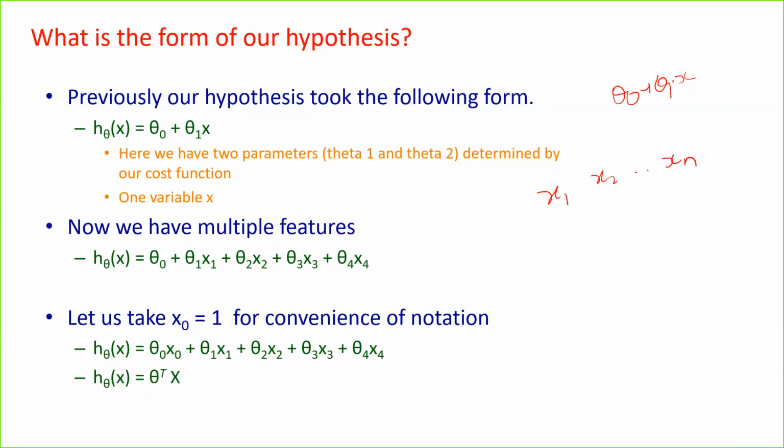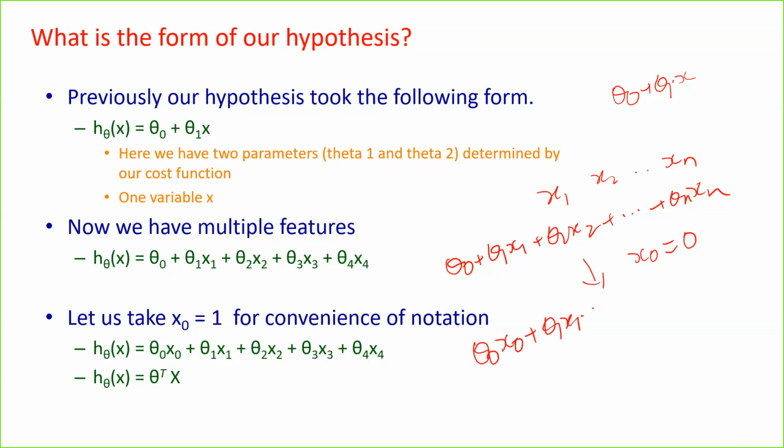Now the representation of the hypothesis is a hyperplane: theta naught plus theta 1 x1 plus theta 2 x2 plus so on theta n xn. This is the representation of the hypothesis in case of multivariate linear regression. To generalize this, I can take x naught equivalent to 1 and write it this way: theta naught x naught plus theta 1 x1 plus so on theta n xn.